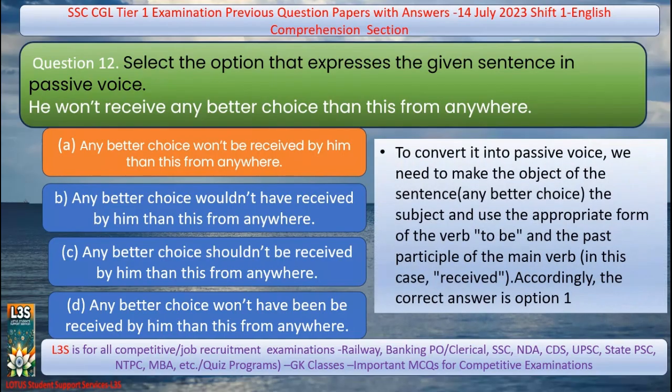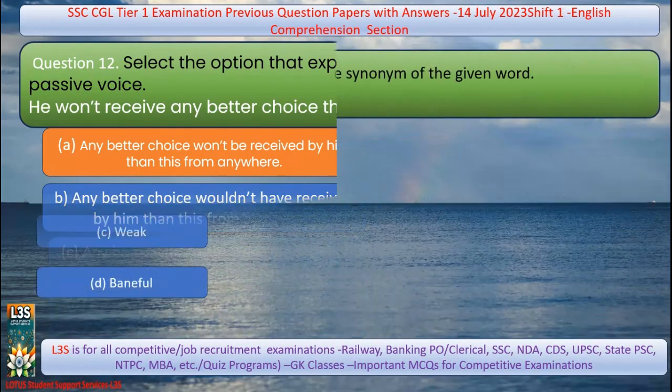To convert into passive voice, we need to make the object of the sentence, any better choice, the subject, and use the appropriate form of the verb to be and the past participle of the main verb, in this case, received. Accordingly, any better choice would not be received by him. So the object becomes the subject here. Then this from anywhere. So option A will be the correct choice.